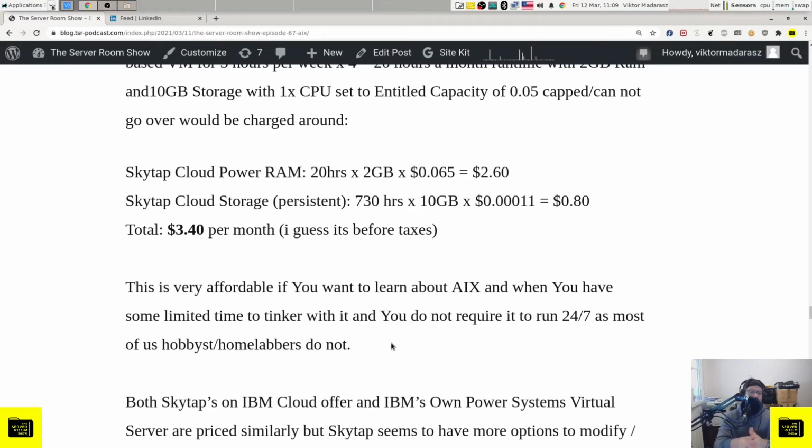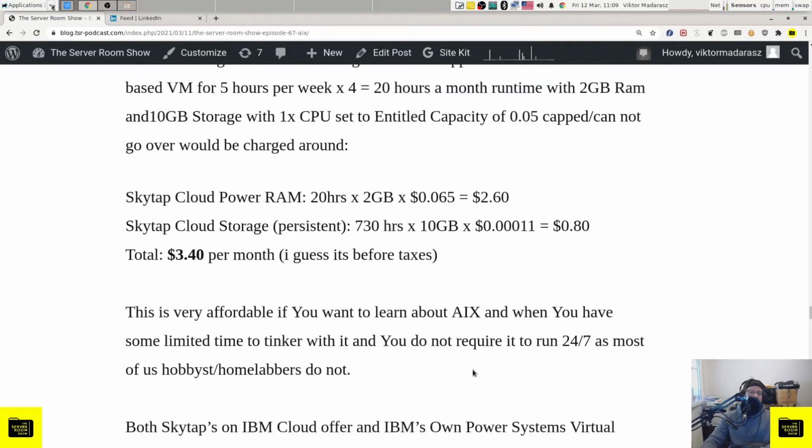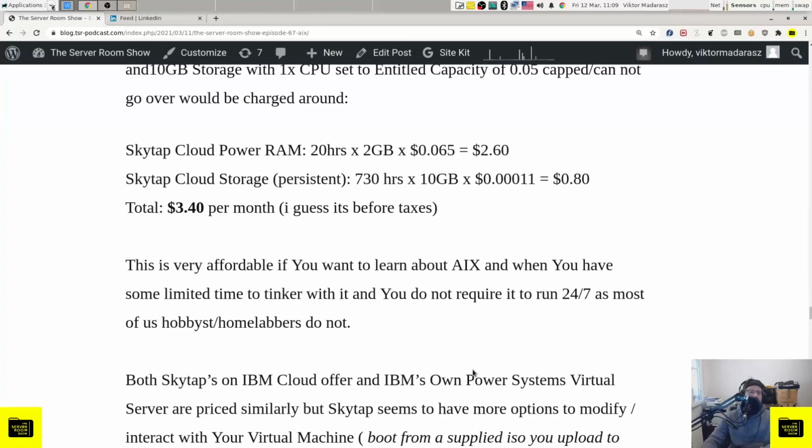But you see, immediately SkyTap's offer is, I'm not saying that it's half, but definitely less than what I calculated for the IBM Power Systems virtual machine from IBM.